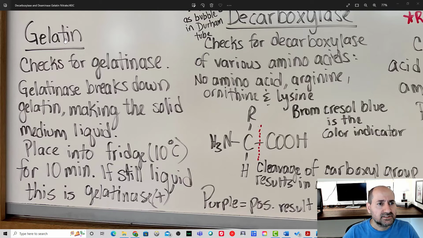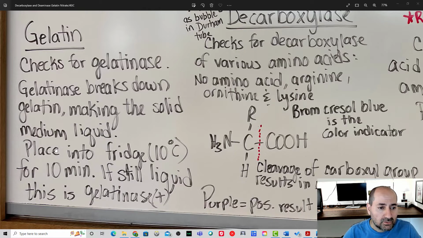All right, next we did the gelatin test, which checks for gelatinase. We did a needle poke inoculation of a deep, the gelatinase deep. If the bacteria does produce gelatinase, this changes the solid medium to a liquid one.